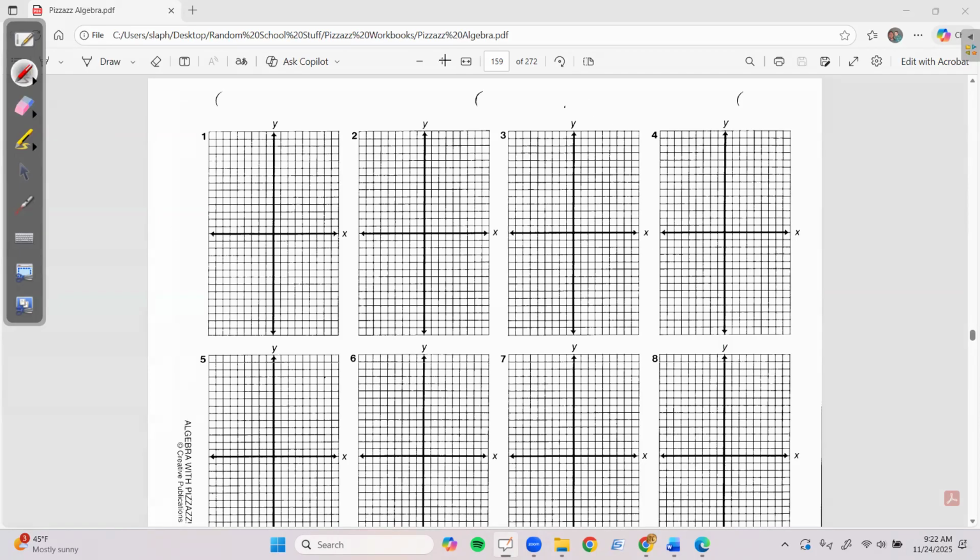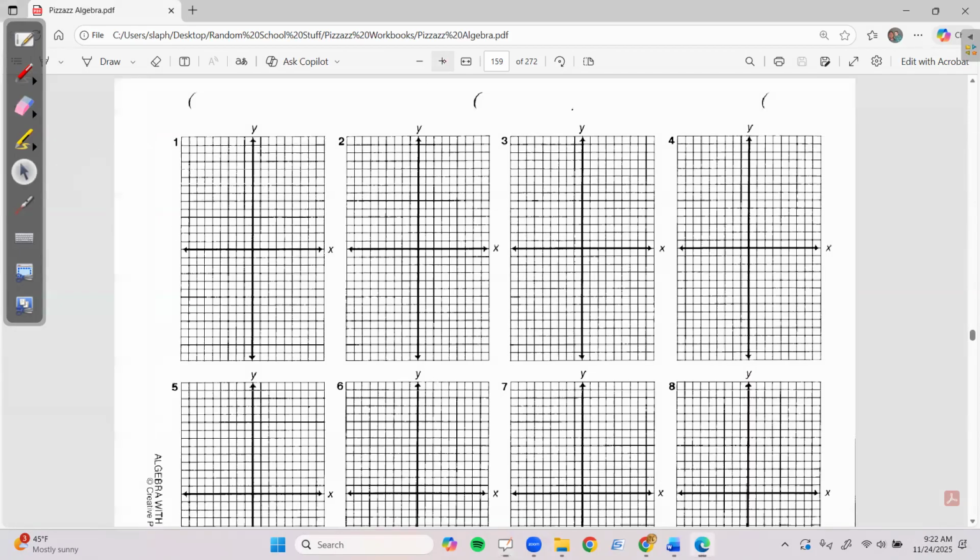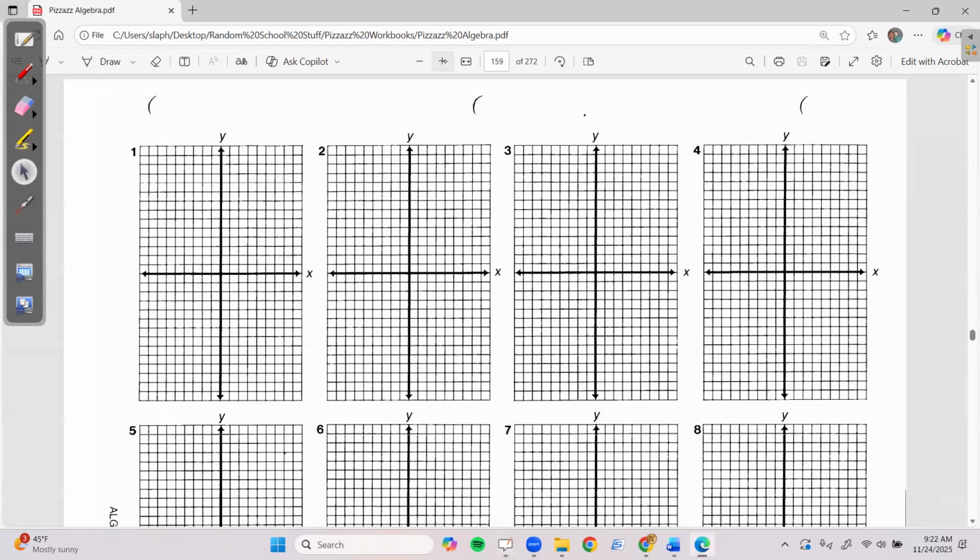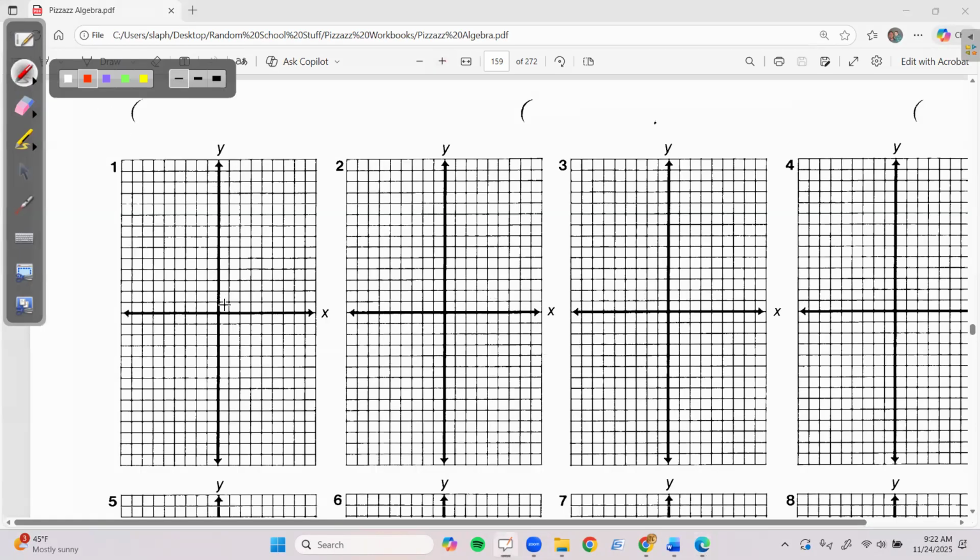Okay, let me see if I can zoom in a little bit here. So we have 1, -2, which is right 1, down 2. What was another point that we had? 4, -8: 1, 2, 3, 4 to the right, and then 8 down. 1, 2, 3, 4, 5, 6, 7, 8, like this.